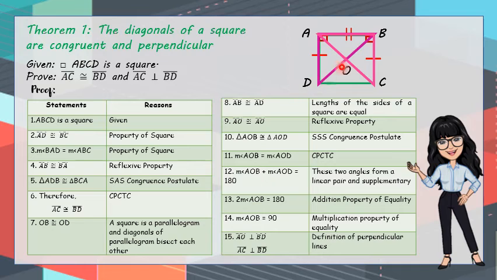Here we have side, angle, side. Here we have side, angle, side. So by SAS congruence postulate, we can say that these two triangles are congruent. And by CPCTC, corresponding parts of congruent triangles are congruent, we can say that AC, which is a part of this pink triangle, is congruent to this one, which is the part of this triangle.